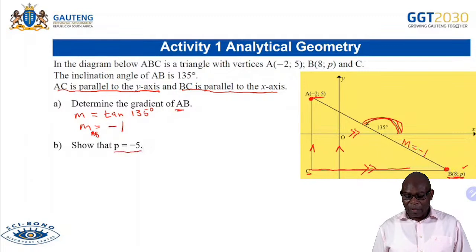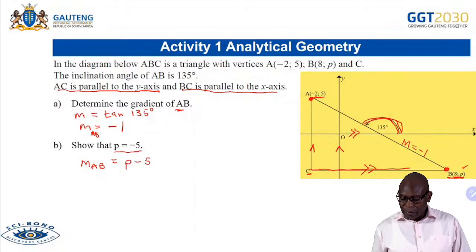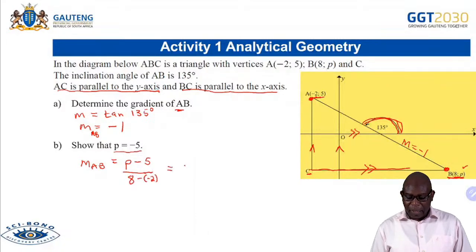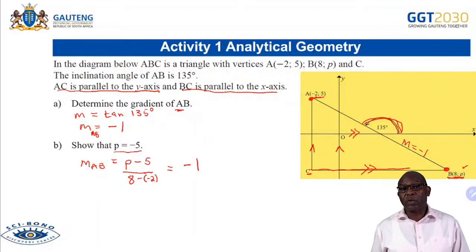The gradient of AB will be equal to y2 minus y1, so it will be P minus 5, divided by 8 minus -2. But I know that the gradient is already -1, because the gradient of AB I already know is -1.